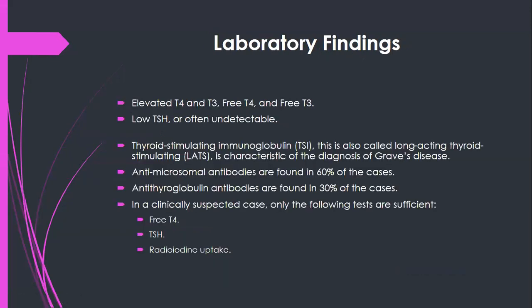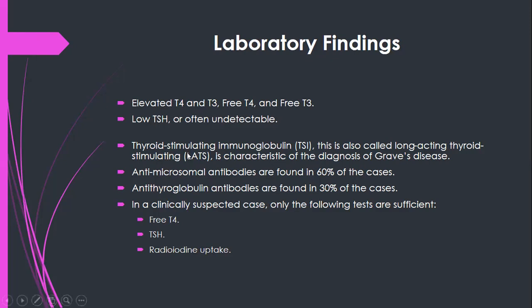I've mentioned this already. Since there is uncontrolled activation of the receptors by the TSH receptor autoantibody, you get increased production of thyroid hormones, leading to elevated levels of T3, T4, FT4, and FT3 in the circulation.